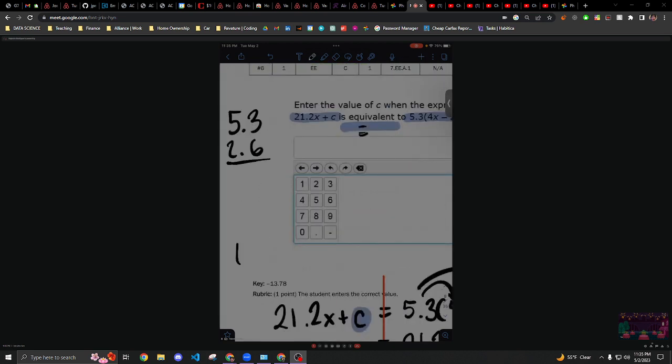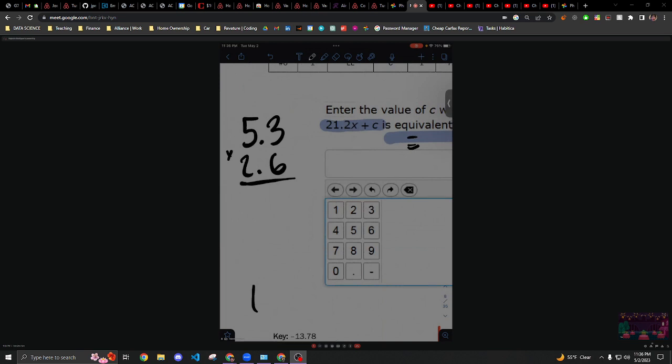All right, let's see. 6 times 3 is 18. 6 times 5 is 30, plus 1 is 31. I'm done with 6 because there's nothing left to multiply. So I'm going to move on to the 2 now.